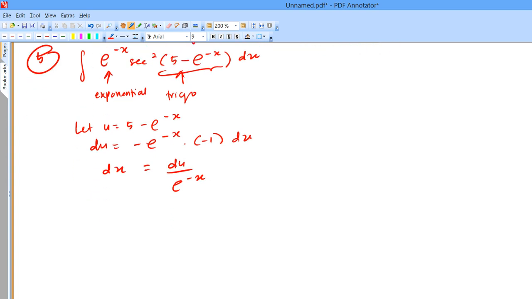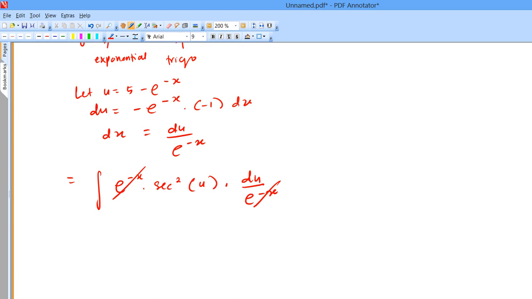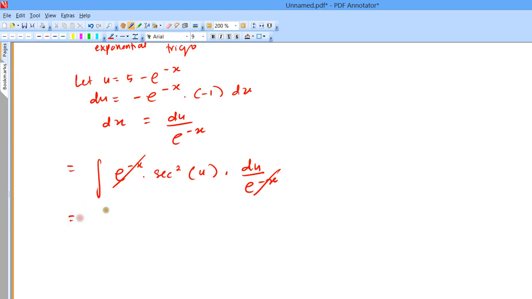And then, substitute: integrate e power of negative x times secant square, the angle is u, times dx equal to du over e power of negative x. So now we can cancel out e power of negative x. So equal to integrate secant square u du.